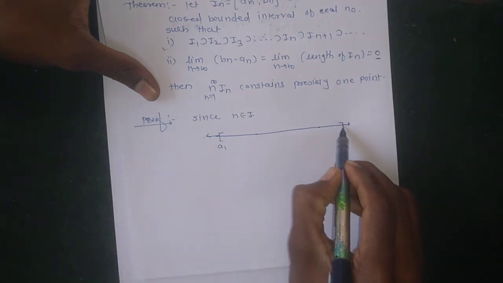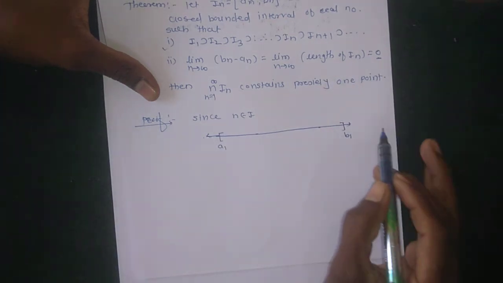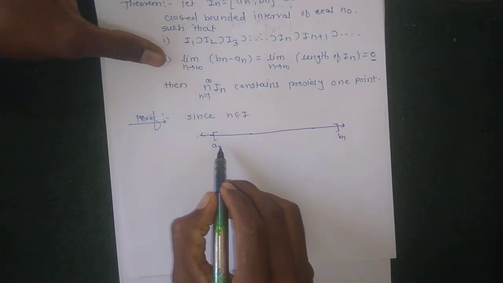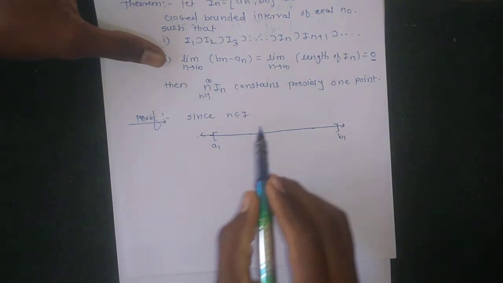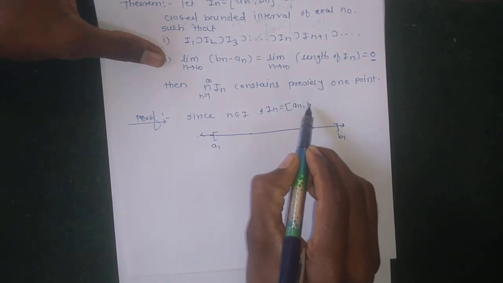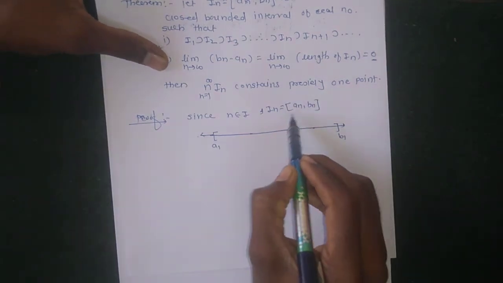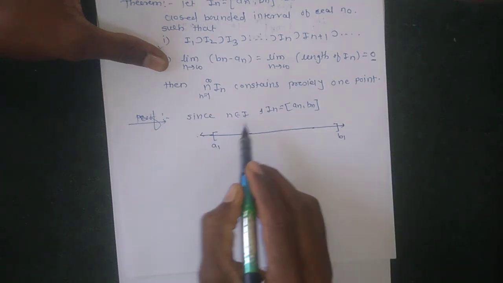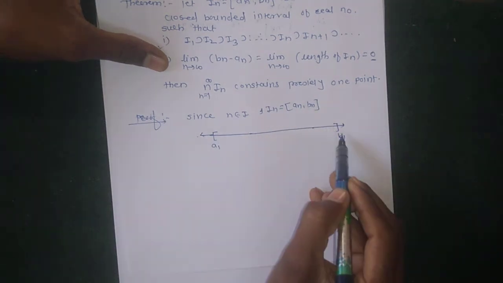Suppose here this is A1, this is B1. This is the first interval I1, and In is equal to [an, bn]. Then if we take n equal to 1, we get [a1, b1].